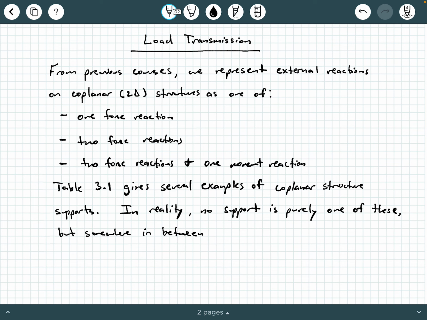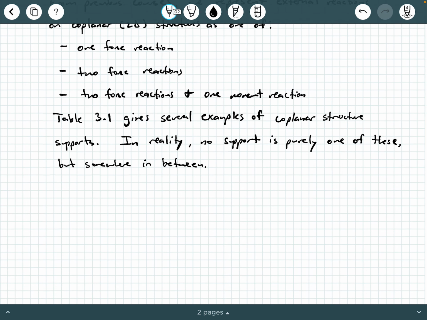What we mean by that is, in real life, you're not going to have a perfect frictionless roller. For example, we have this idea of a roller here, and a roller develops a force reaction here.